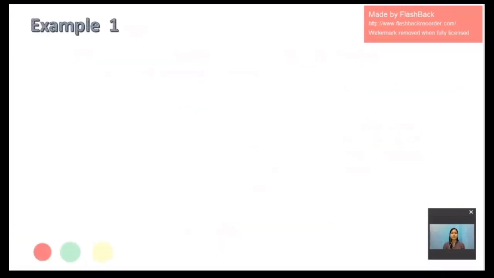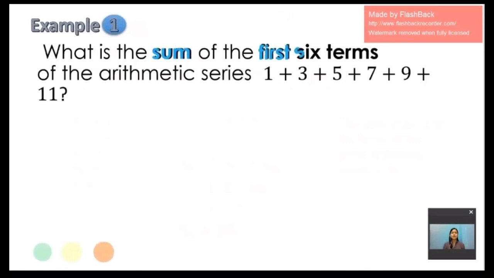So first example, what is the sum of the first 6 terms of the arithmetic series 1 plus 3 plus 5 plus 7 plus 9 plus 11? So to solve this problem, let us first write the given.